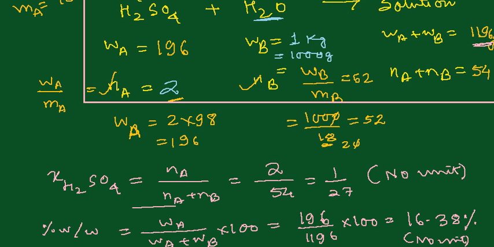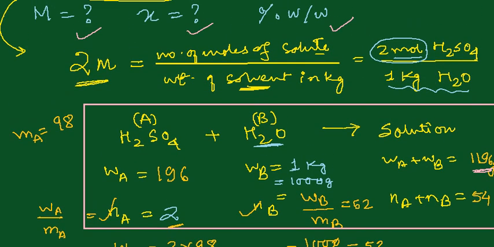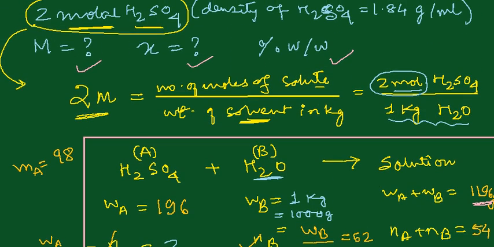Now we are left with only one term that we need to convert, that is molarity. Let's see how we can convert 2 molal into molarity. But here we'll have a scenario.